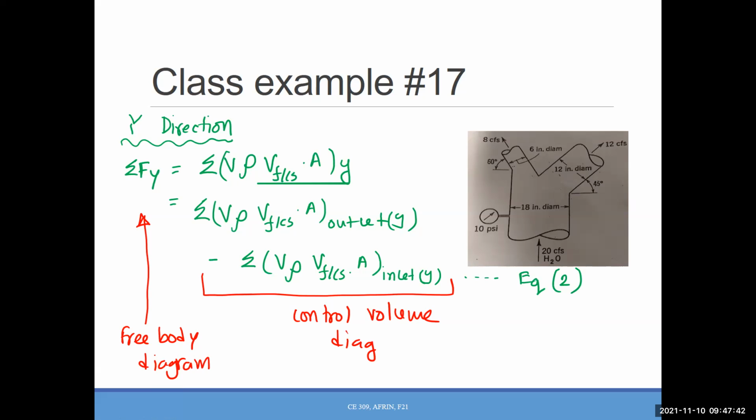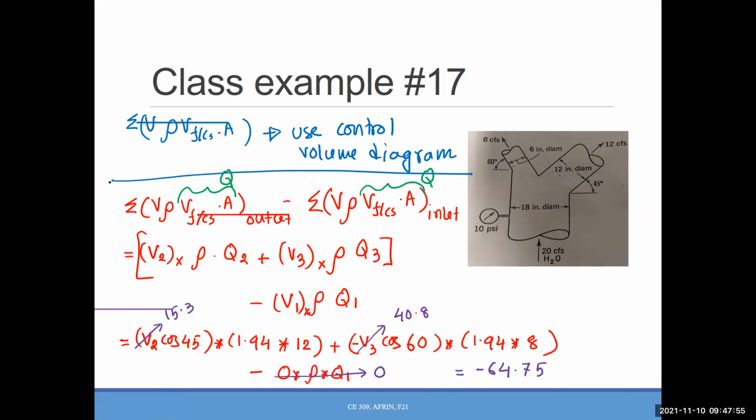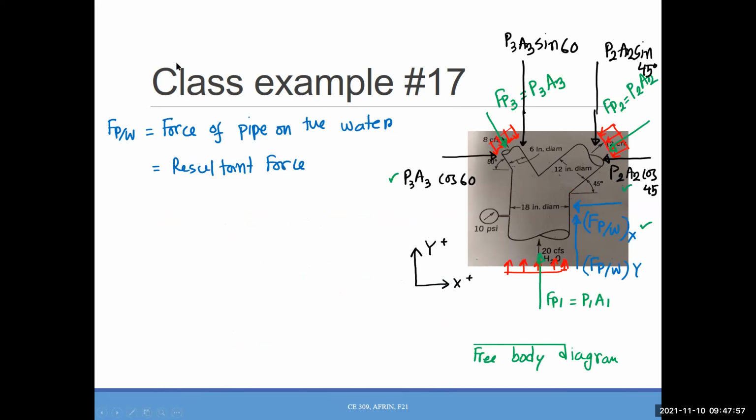So let's calculate the Fy first, okay? So in Fy direction, I need to go back. This one, we have how many forces working in Fy direction? This one, and this one, right? And this one. So now we have 4 different forces in Y direction. P2, P3, negative, negative, P1, and FPW, positive.